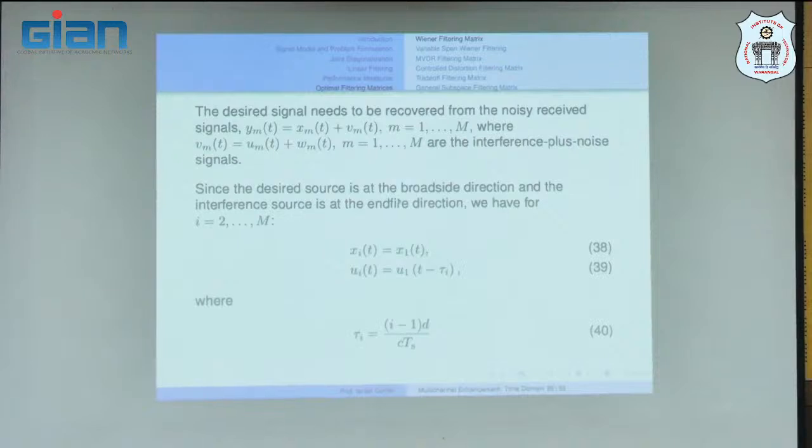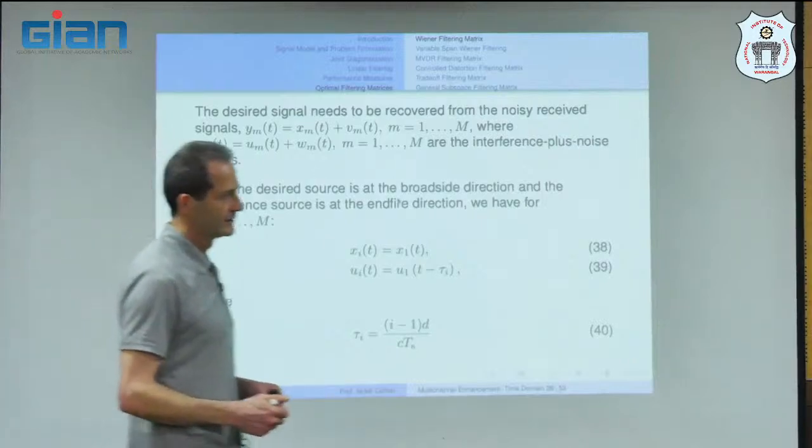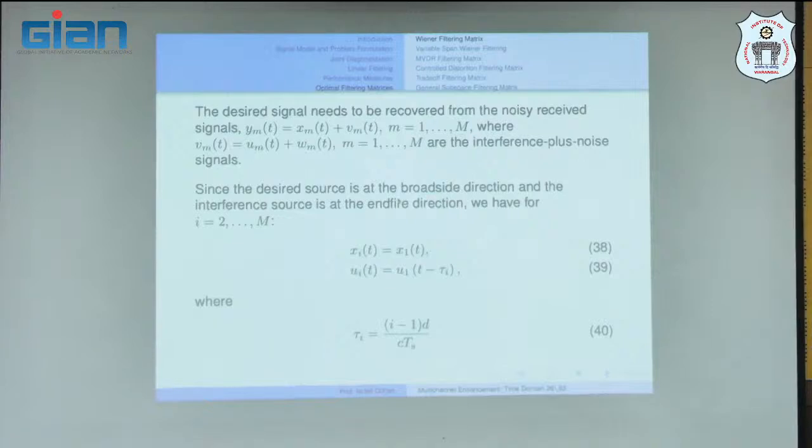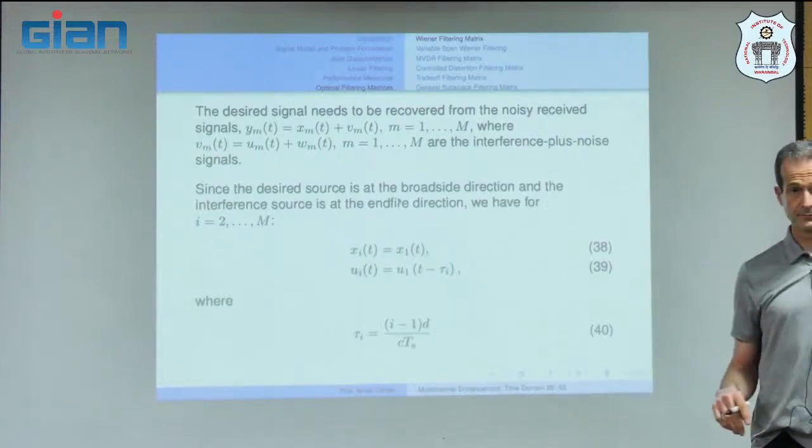Based on this example, the desired signal comes from the broadside, so if we have an array like this, and the desired source comes from 90 degrees, from here, all the desired signals in all the sensors are the same.